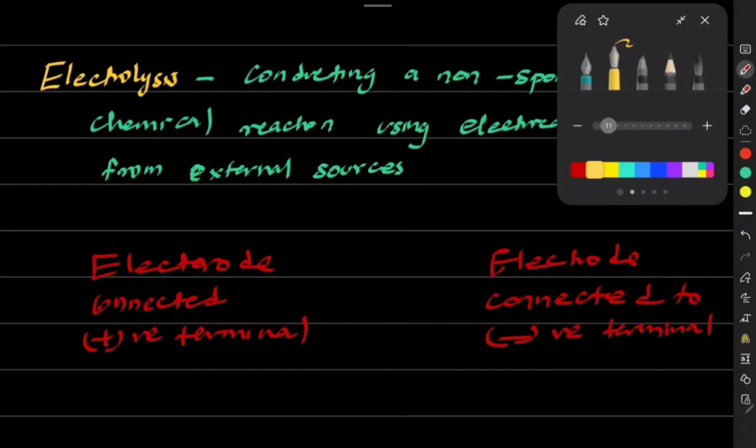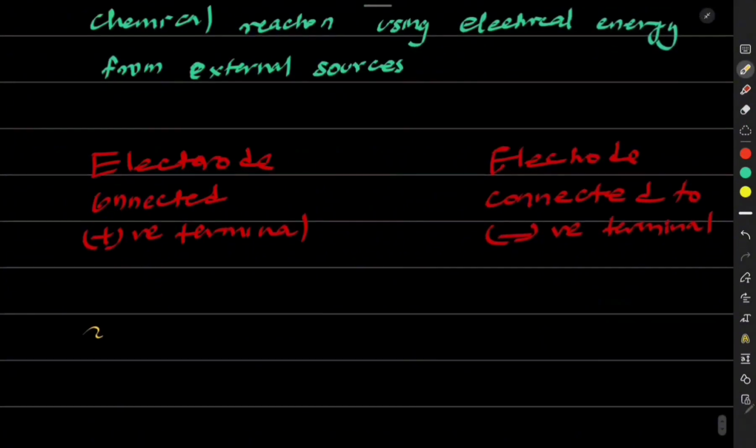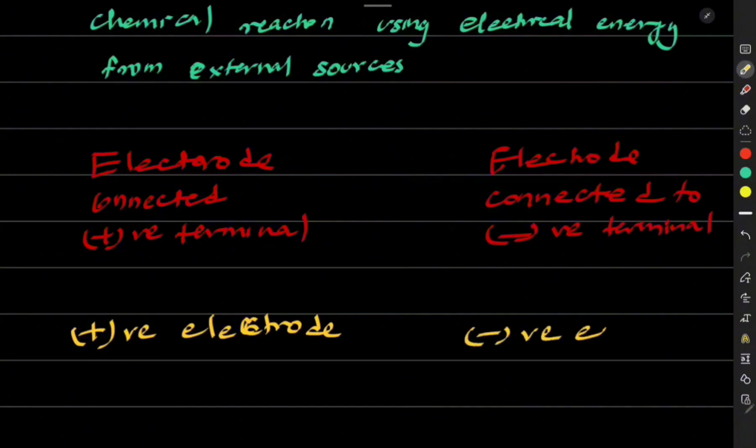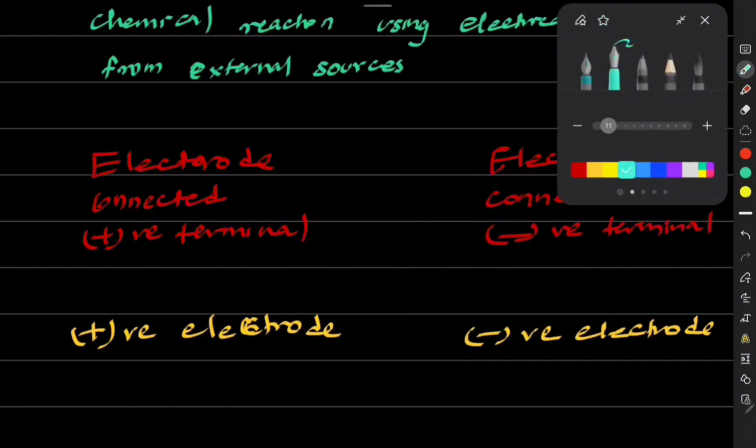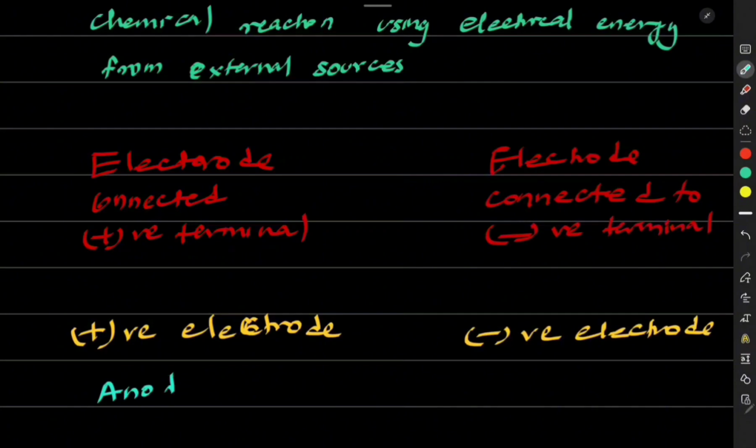If it's connected to the positive terminal, it will be the positive electrode. And if it's connected to the negative terminal, it will be the negative electrode. And the positive electrode is known as anode. And the negative electrode is known as cathode.